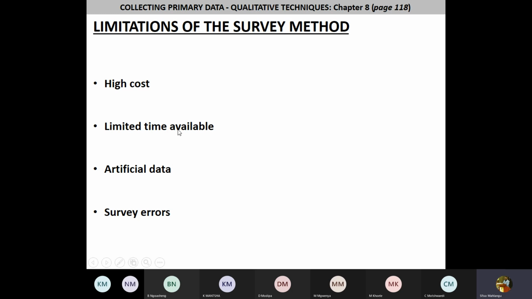That is one limitation. The fourth one is artificial data. It talks about fake data. Let's quickly reference the textbook regarding artificial data. The word artificial simply means fake, not real. In other words, remember, we will be asking respondents questions.